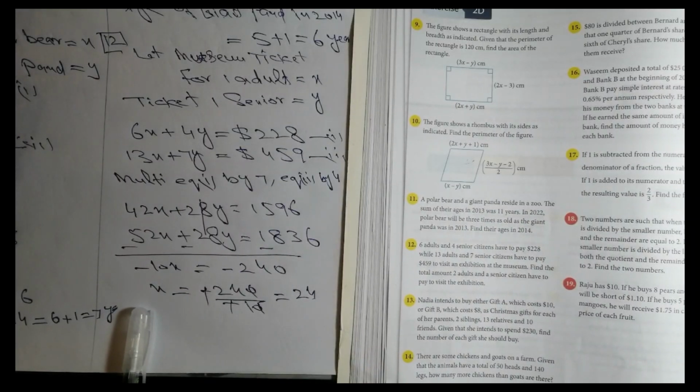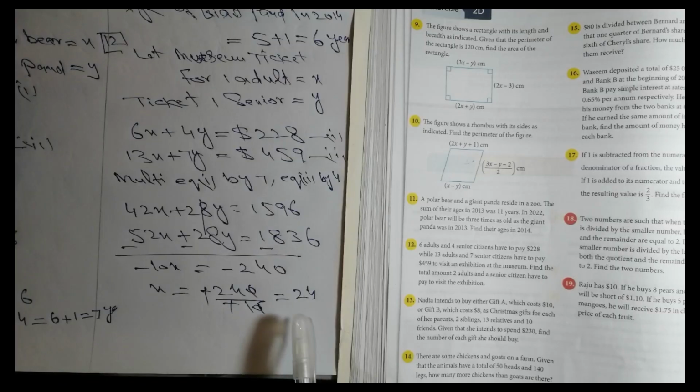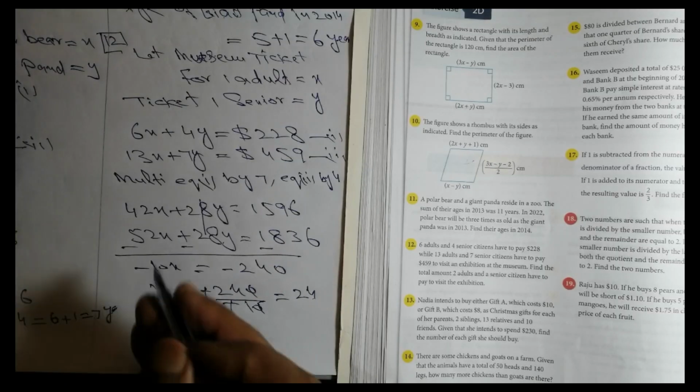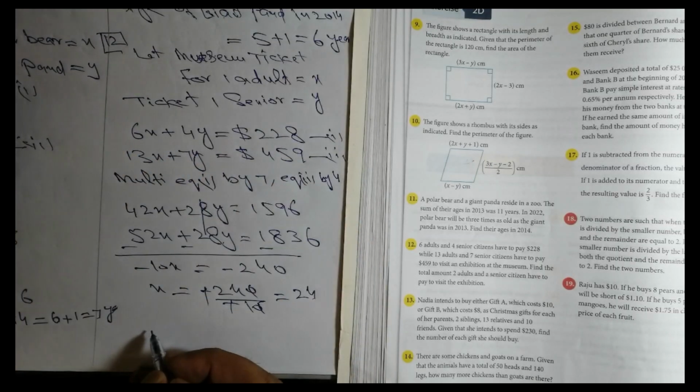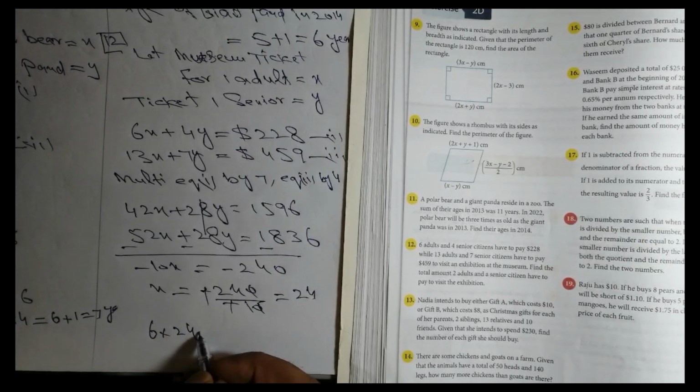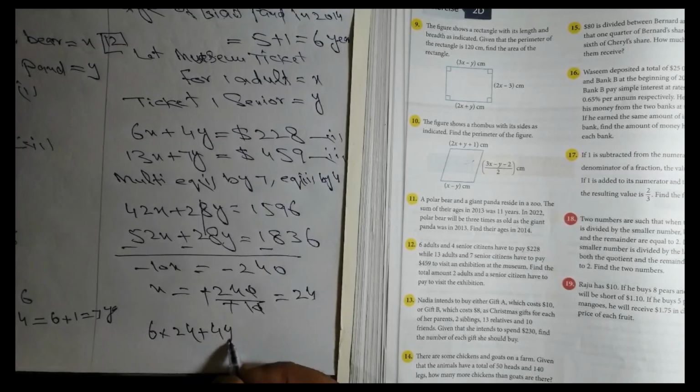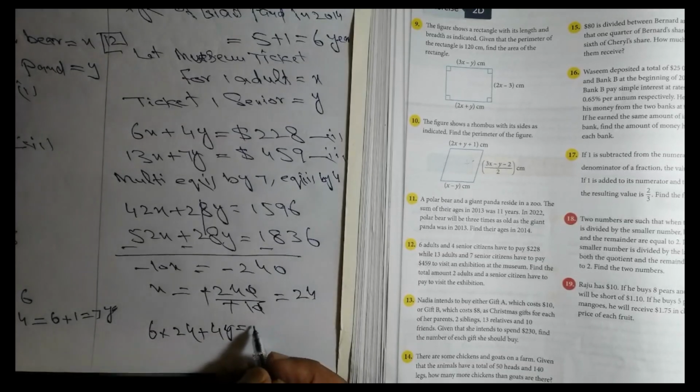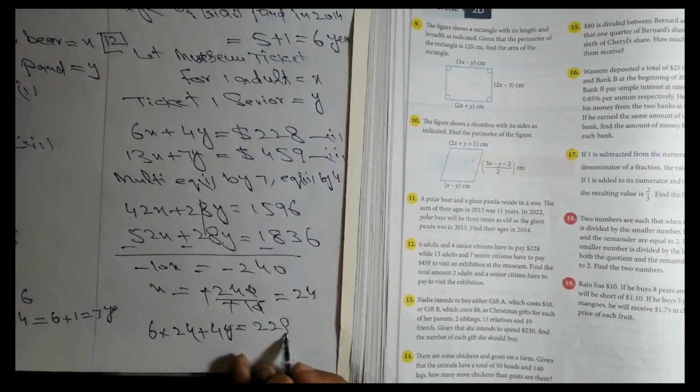So for 2 adults it will be 48, as it is asked in the question. And find the value of y. Put x equals 24 in equation number 1. This is equation number 1. So 6 into 24 plus 4y equals 228.